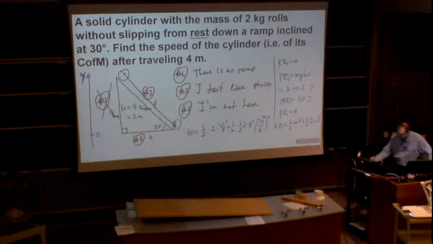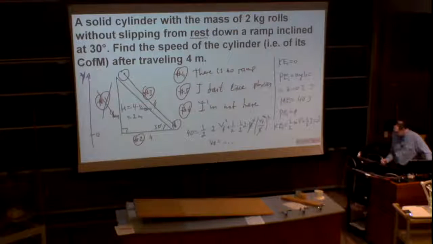And again, we can see that the radius is canceled. The only unknown left in that equation is that final speed we are looking for, and you can solve that unknown by doing simple algebra.